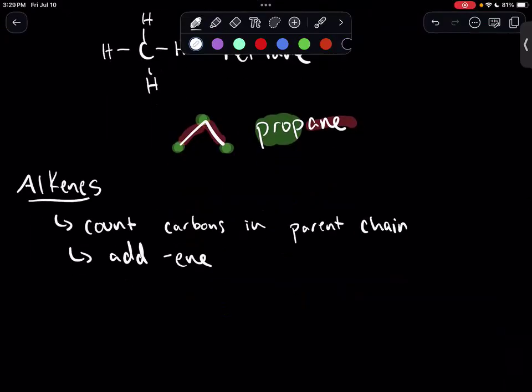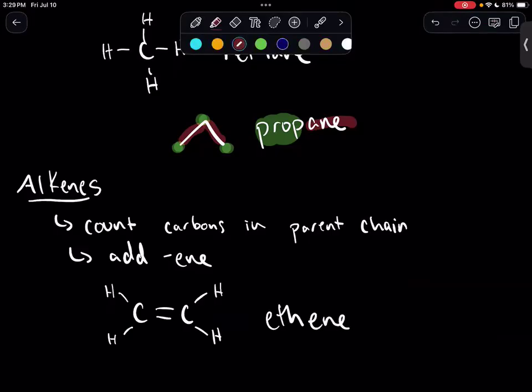So in this case, because we need at least one double bond, we'll start with two. And this is going to be ethene. So eth references the two carbons, ene references the double bond.